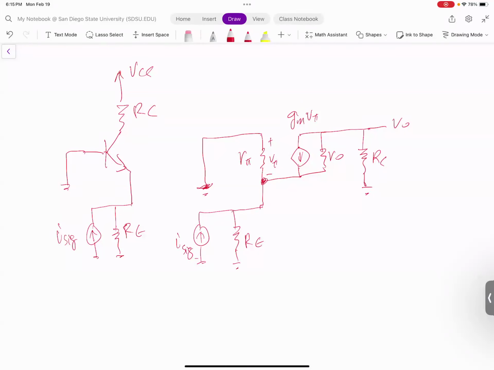But as I mentioned in my previous lectures, in this class I'm not looking at the final answer. I'm looking at the process of how you draw the equivalent circuit. Make sure you can draw the equivalent circuit for any given circuit.